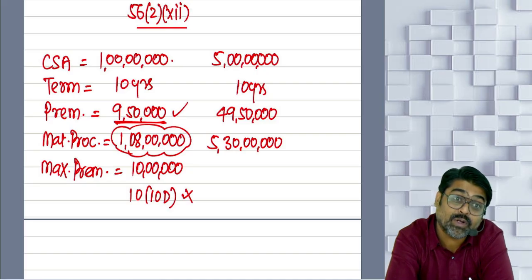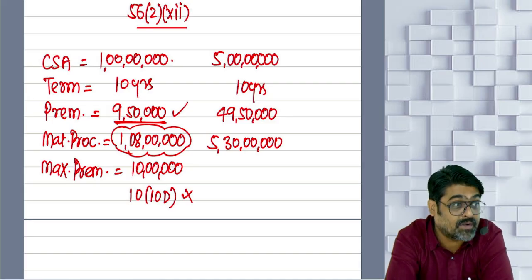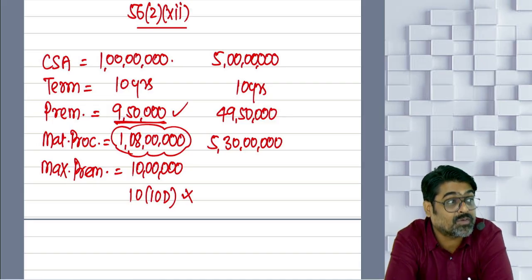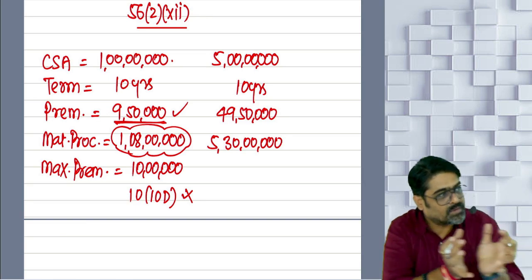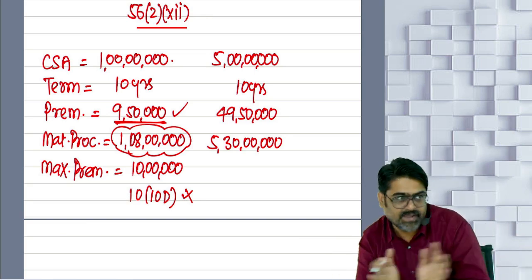Now the maturity proceeds will be taxable. But wait. Out of this maturity proceeds of 1 crore 8 lakh, we will reduce the premiums paid for the term of the policy, which we did not allow under the Income Tax Act. So out of the total maturity proceeds, the premiums which are coming back to you will be reduced.